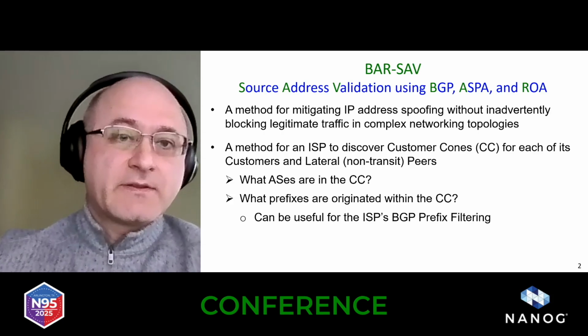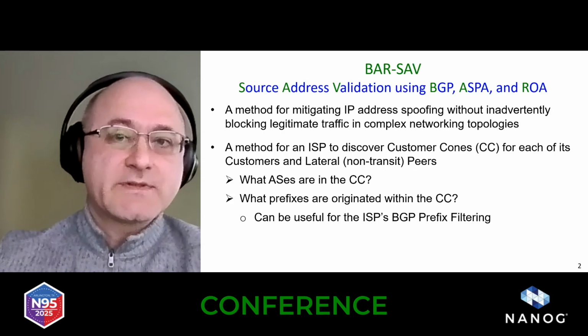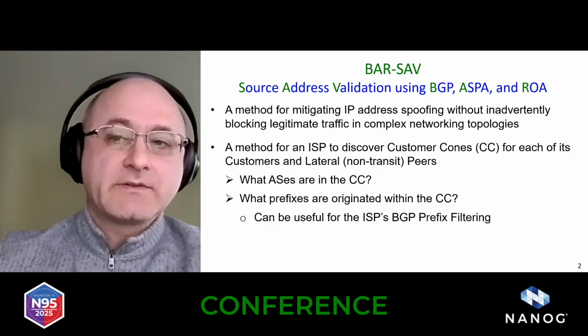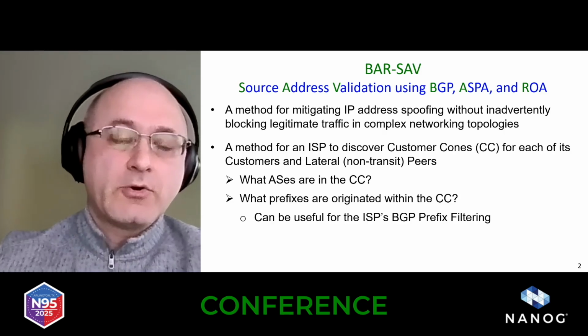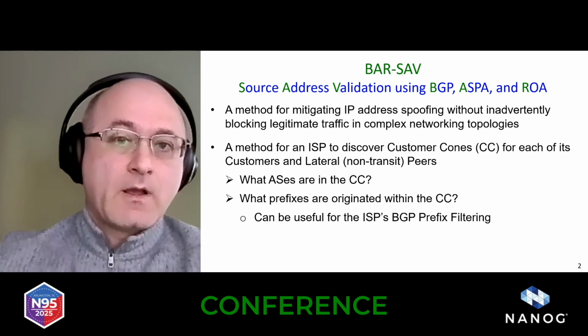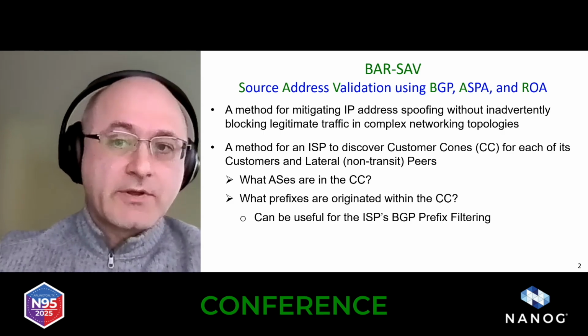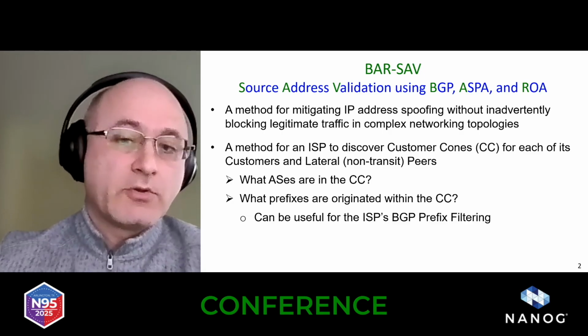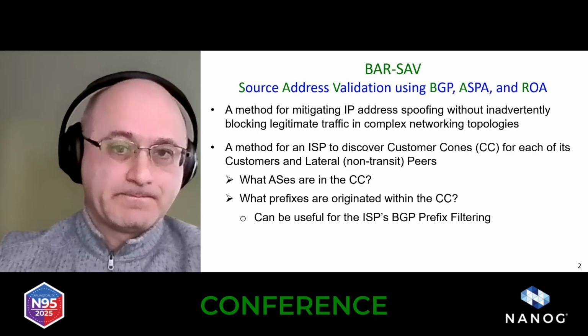It's, in essence, a method for ISPs to discover a customer cone and a set of prefixes that are originated within that customer cone for each of the customers and lateral peers. So it's useful for SAV. In some cases, it can also be useful for prefix filtering.